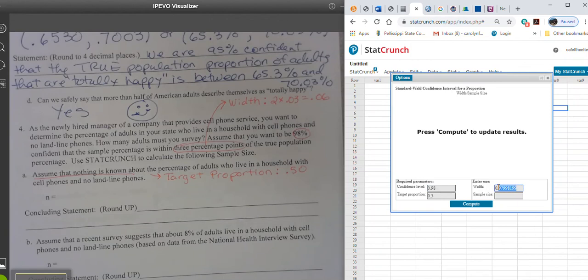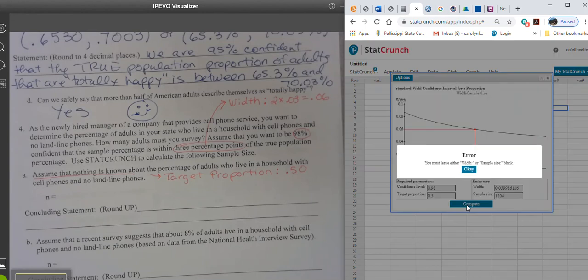The width of the confidence interval that we want to build is 2 times 0.03, so it's 0.06. We enter these 3 things, and when we hit compute, it'll give us the sample size. We don't know the sample size; that's what we're trying to find out.